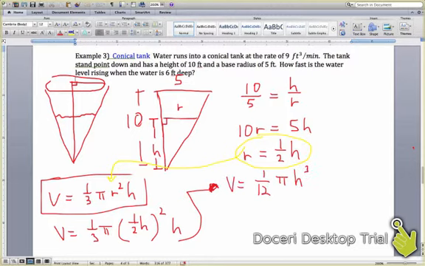So simplified, volume equals 1/12 pi h to the 3rd power. Now differentiate both sides with respect to t, and then plug in the values that you know.